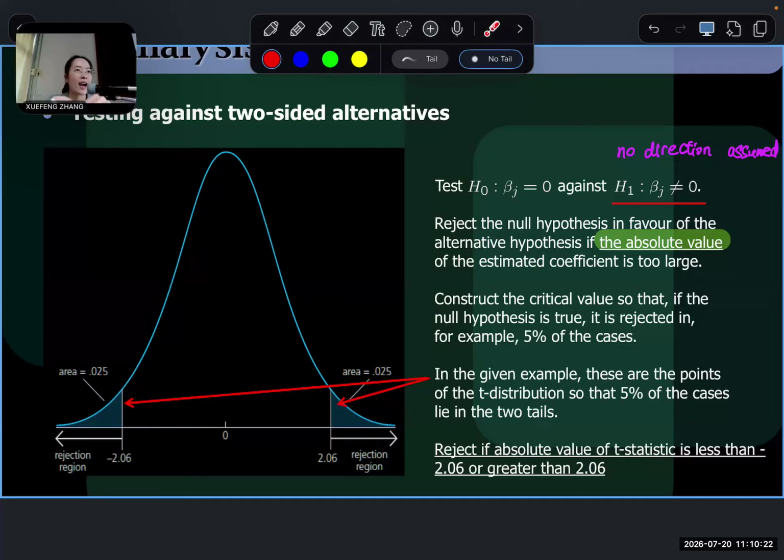Just like the price. If price goes up, can we say that it will definitely have a negative effect on consumption? Depends, because we have so many different categories. So in this case, we are not sure whether the sign is positive or negative. That's why we use two-sided. This is the default in econometrics.